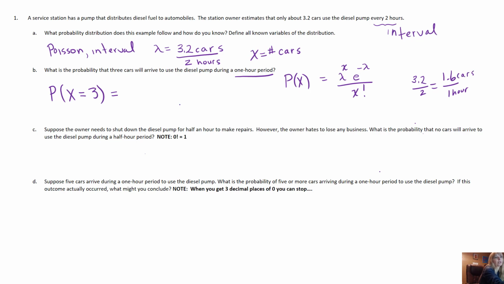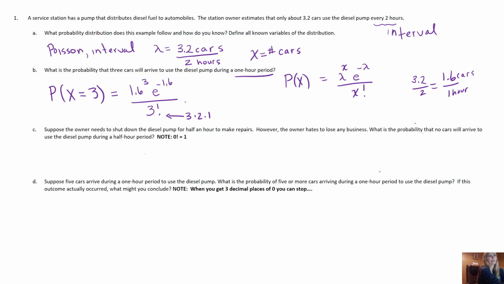Now I just plug everything in. I plug in 1.6 to the 3rd power, e to the negative 1.6, and divide by 3 factorial.